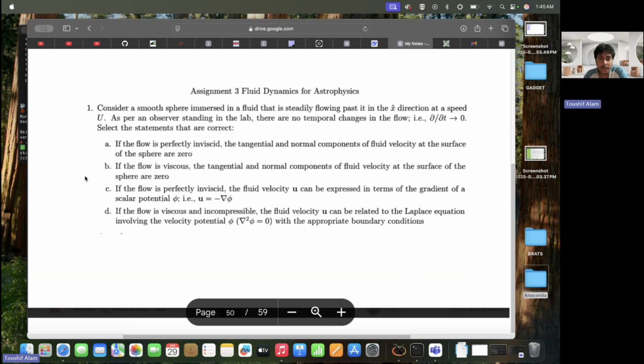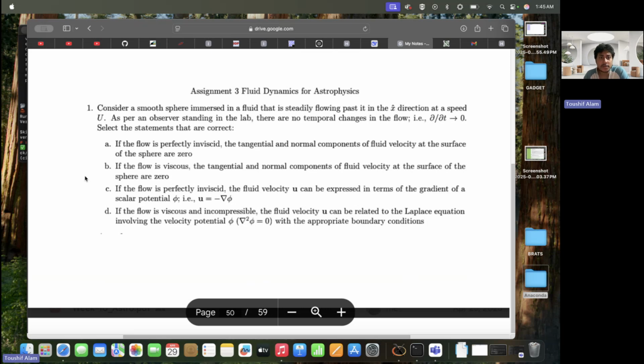As per an observer standing in the lab, there are no temporal changes in the flow. Temporal changes mean changes in time, so the partial derivative in time tends to 0. Select the statements that are correct.